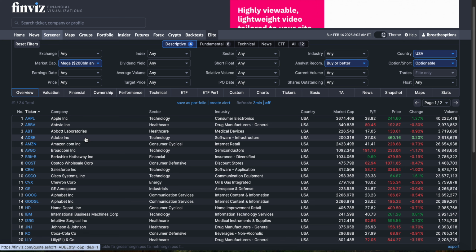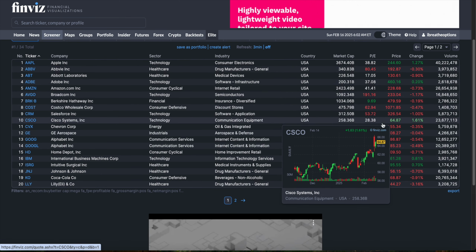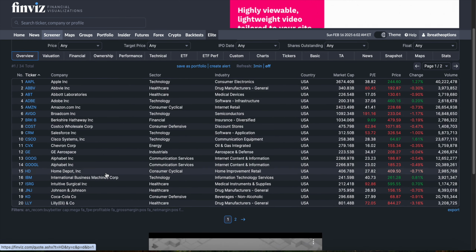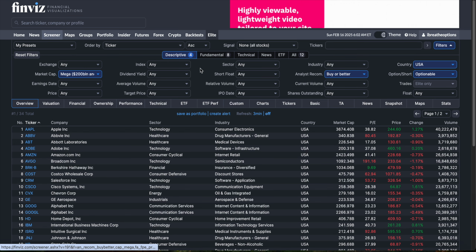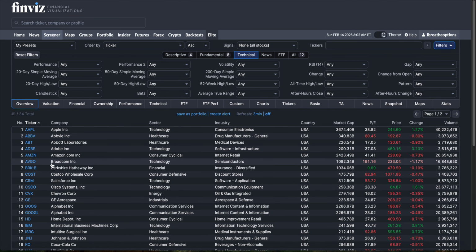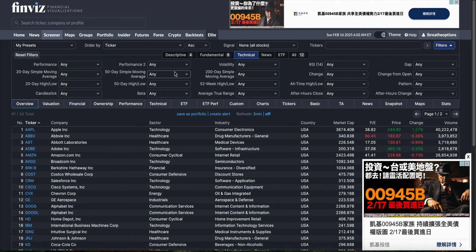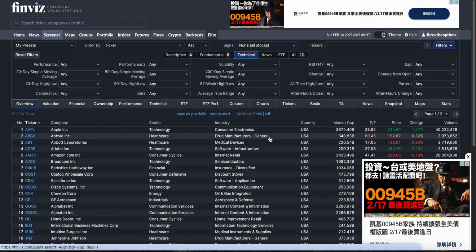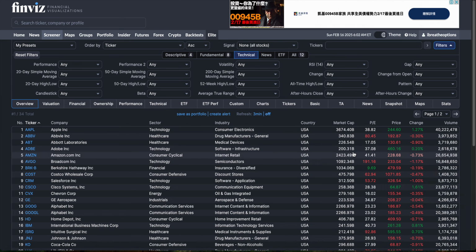So maybe during a certain event or during earnings, the premium will be higher if you want to sell options too. And also look at some of the companies where PE is quite high. Technical wise, I don't usually look at technical. Technical is just a reference, to see whether it is a good time to enter now.